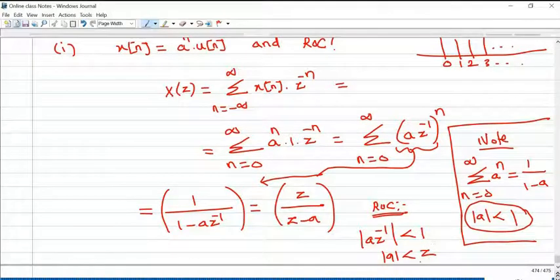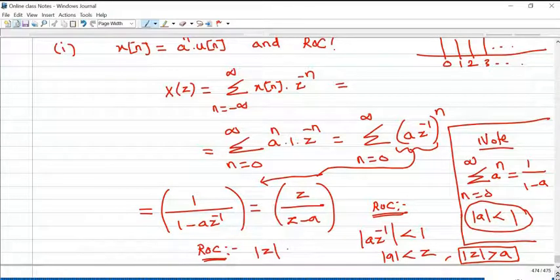If z goes to the right side, you will get z greater than a. So the region of convergence for a power n u of n is Z greater than A. Okay. Finding ROC in Z transform is very simple. Whatever a power n term is there, we must relate that particular term to less than 1.